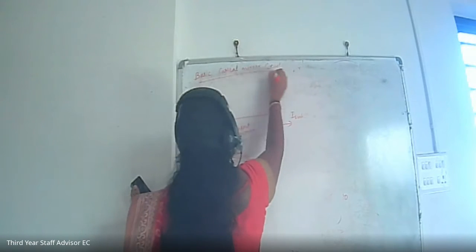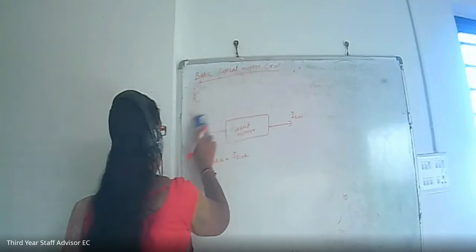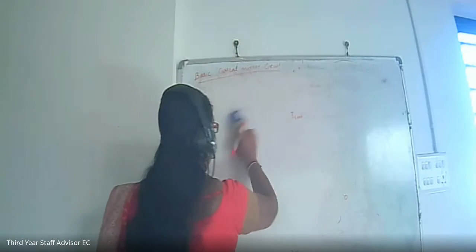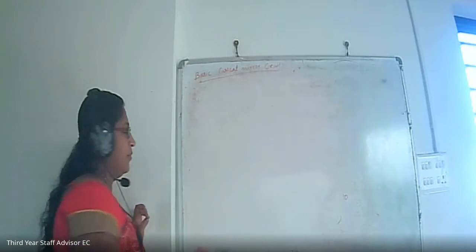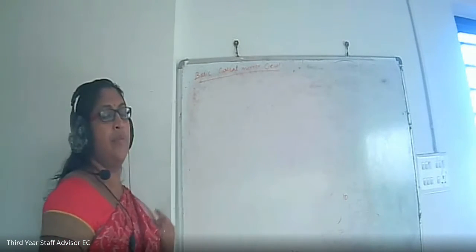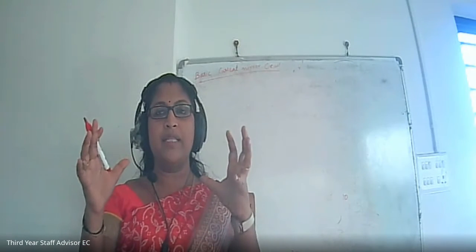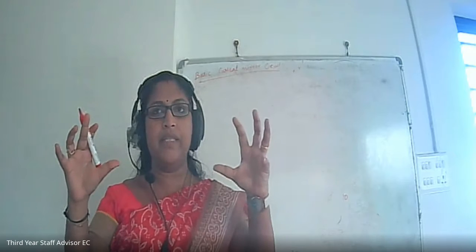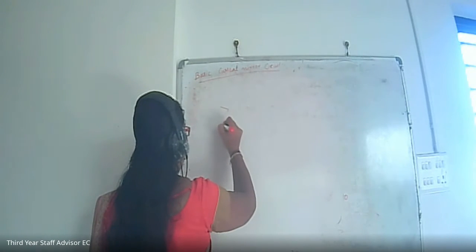You can draw the circuit diagram. We know that in the case of a differential amplifier there will be two transistors. This is the basic diagram of this one.